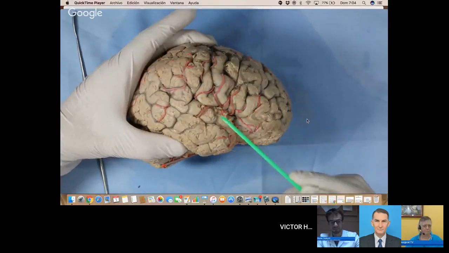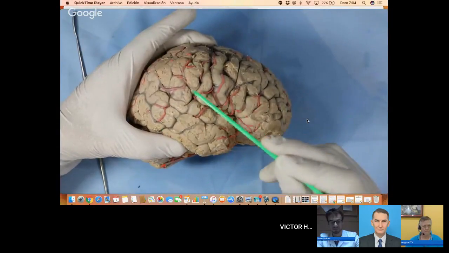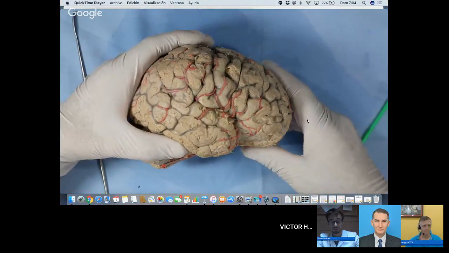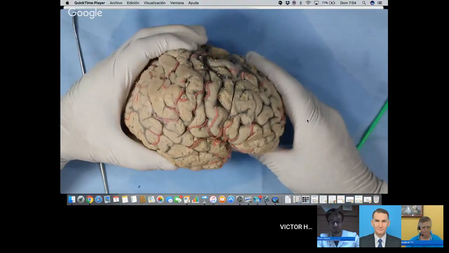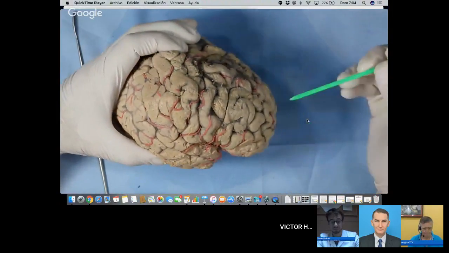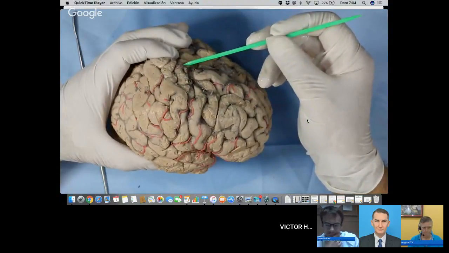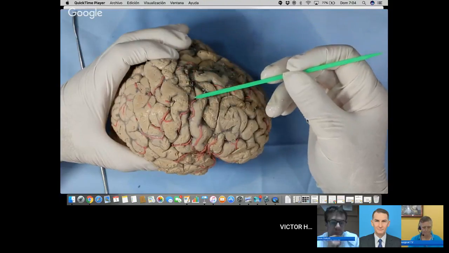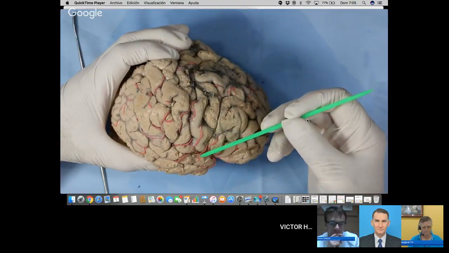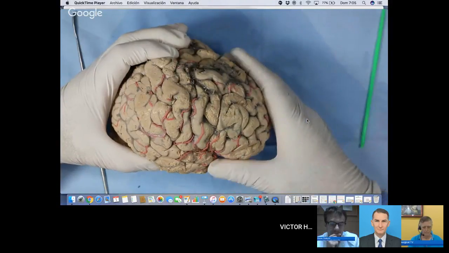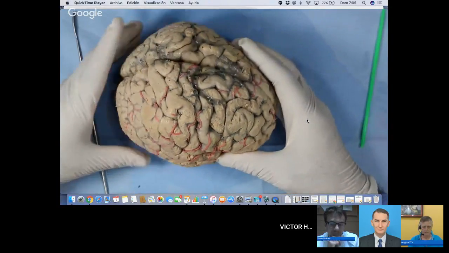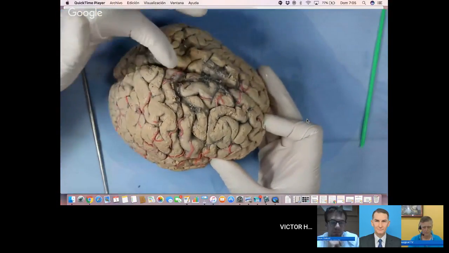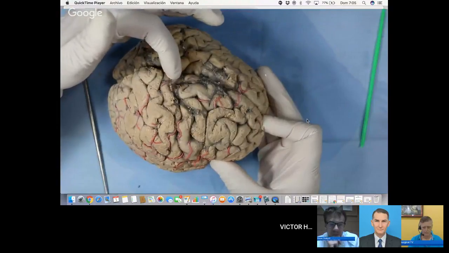Parietal lobe, temporal lobe. That is the fissure of Sylvius. The central sulcus runs from the top of the brain downward and forward, and it begins at about the middle between the rear and front pole of the brain.